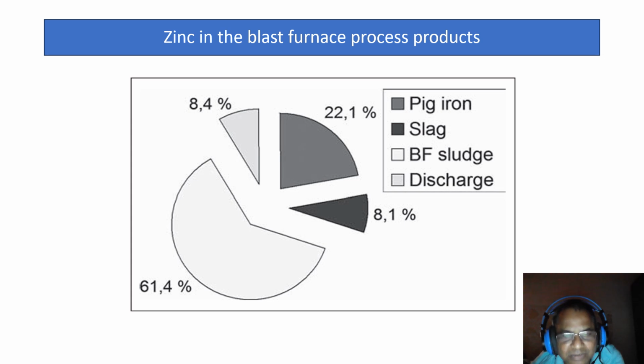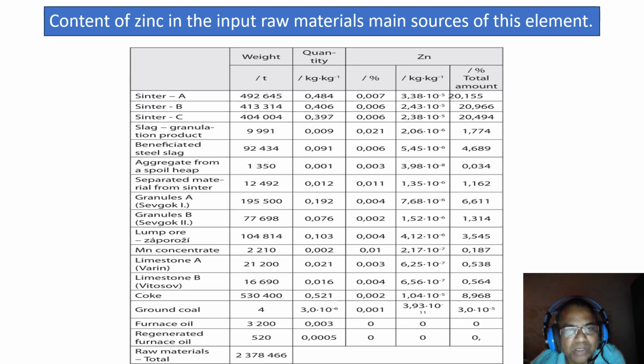It is supposed to be the highest. Now coming to the input raw material, as we can see, sinter is a dominating burden through which a lot of zinc is going to enter the blast furnace.